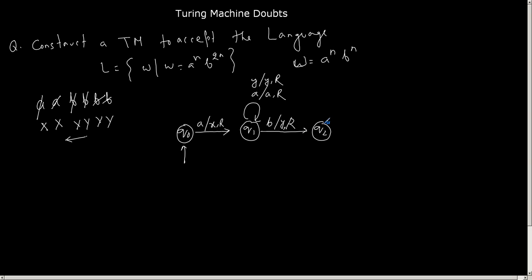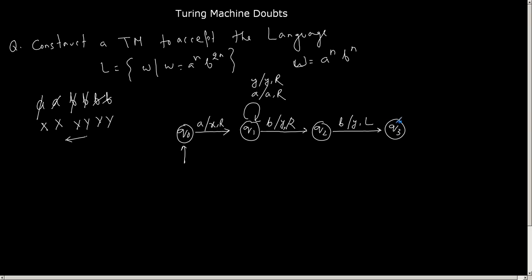This Q2 represents the state where I have marked a single Y for a given X and I have to mark another Y. So if I have another B, I have to again mark it as Y and move towards left, because now I have to search for the leftmost A. So I'll go to Q3.